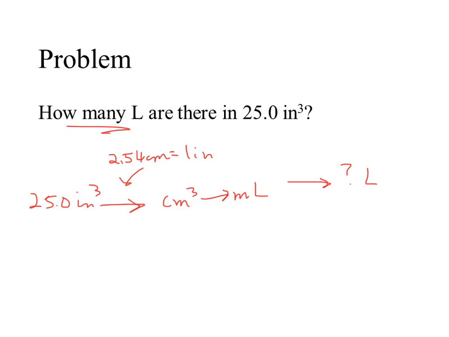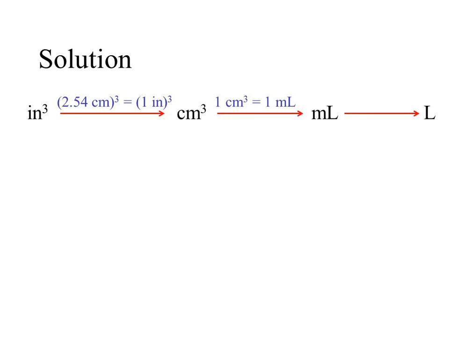Okay, so let's work that one. What's the first term going to be? 25.0 inches cubed over 1. Perfect.